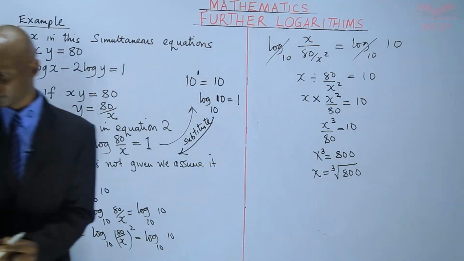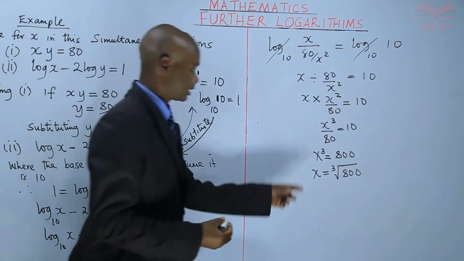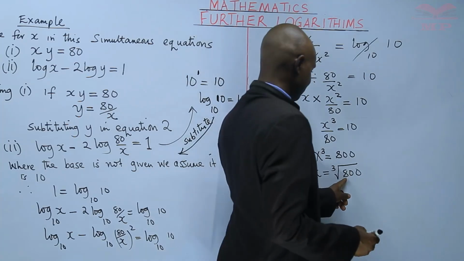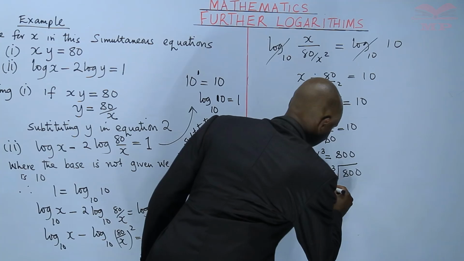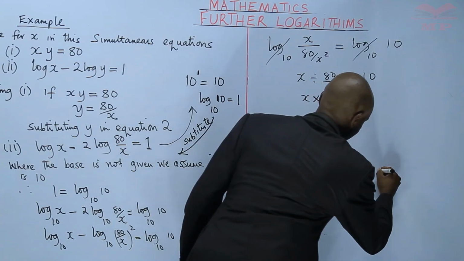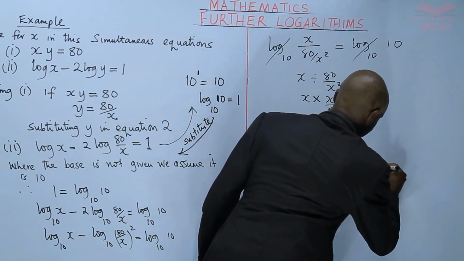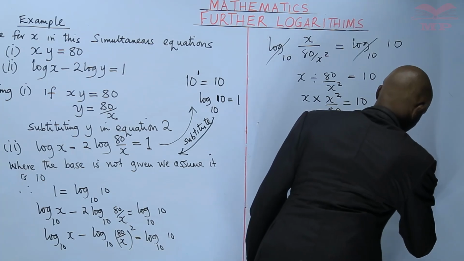So with our calculators, we'll get the cube root of 800. There is an easier way. The cube root of 800 is the same as the cube root of 8 times the cube root of 100.